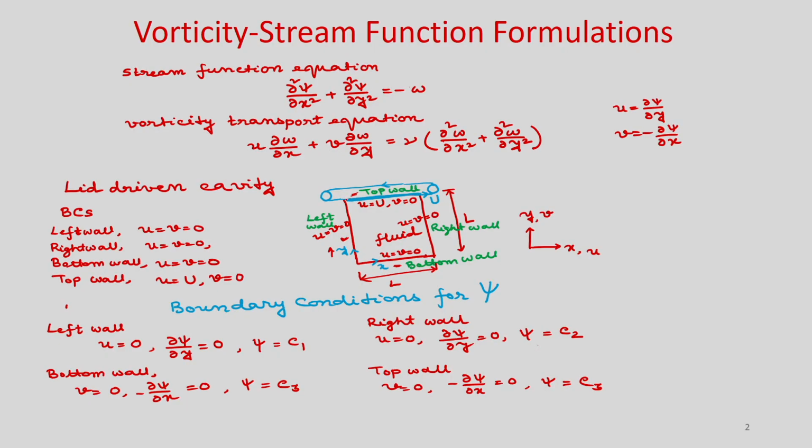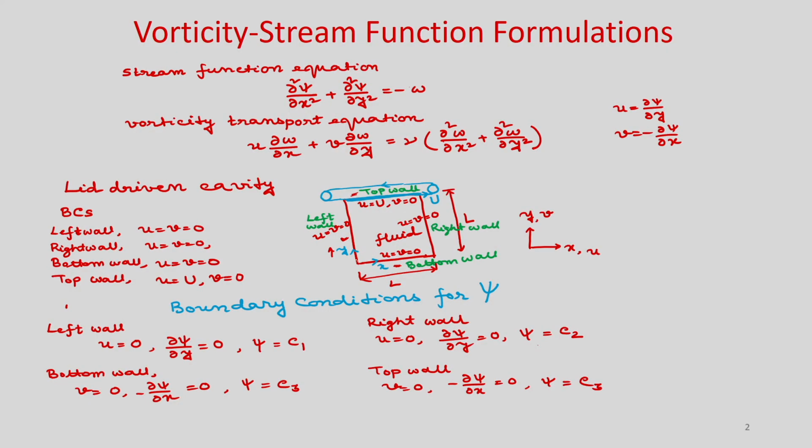Now, you see, these walls are connected, right. The constant stream function denotes a streamline, and two streamlines cannot cross each other, right. So, the left wall is continuous to the bottom wall, the bottom wall to the right wall, the right wall to the top wall, and the top wall to the left wall.